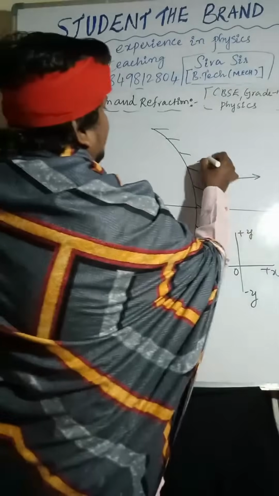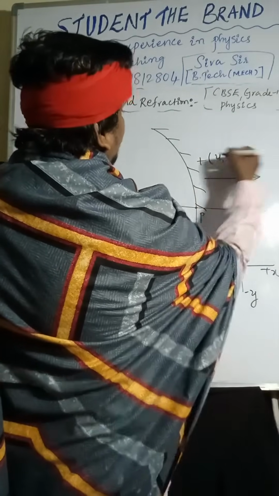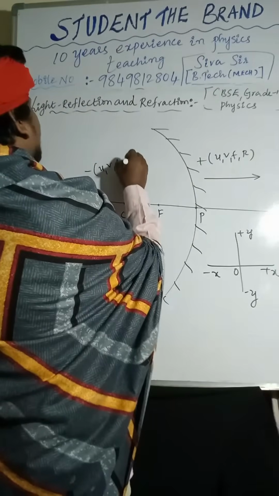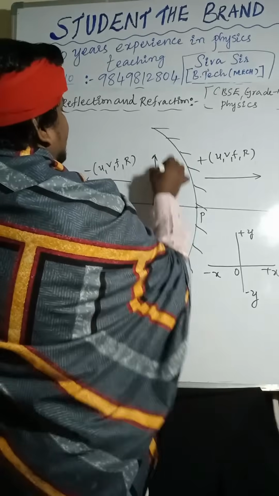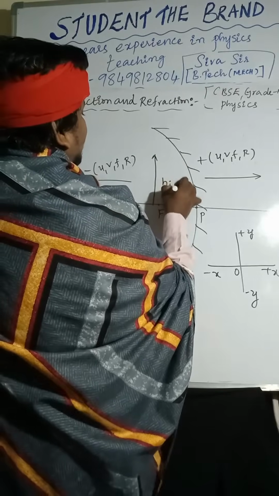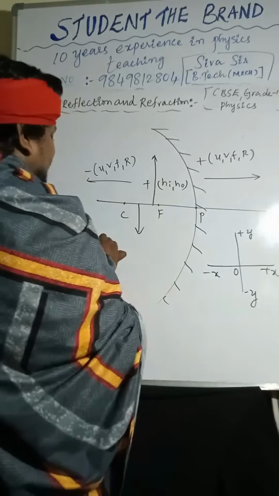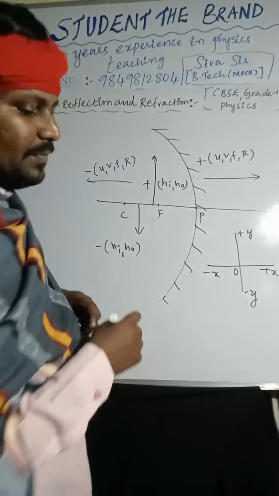So object distance, image distance, focal length and radius of curvature are positive in the direction of incident rays. Opposite to that, they are negative. Above the principal axis, height of the image and height of the object are positive. Below the principal axis, they are negative. Okay.